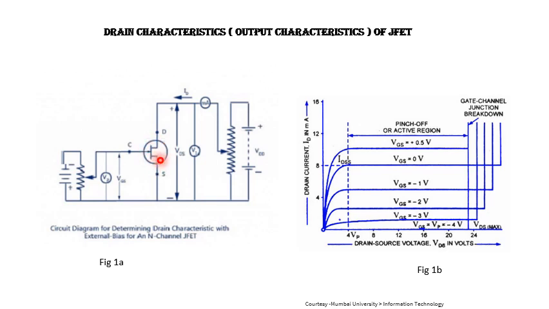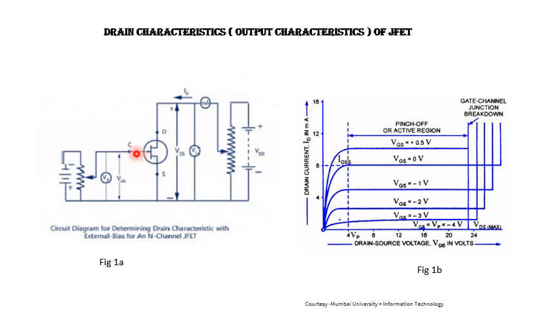The circuit diagram which we are discussing is for the N-channel FET. And as we know, the gate and source junction is always reverse biased. In the N-channel FET, the gate is P-type semiconductor and the channel is N-type semiconductor.